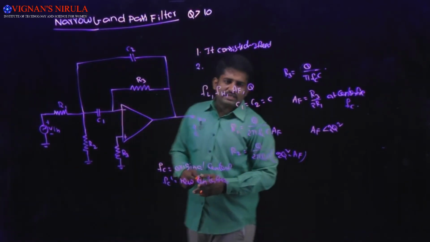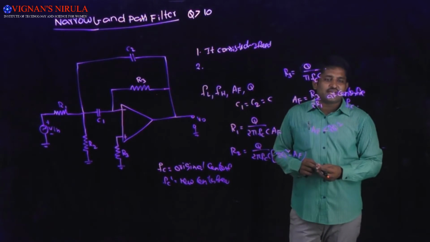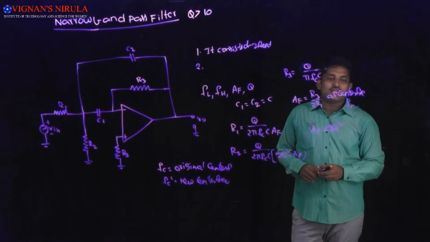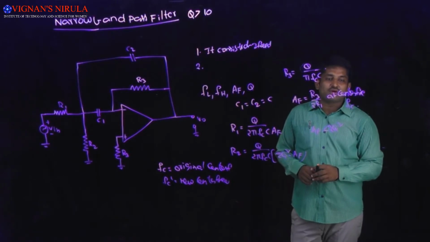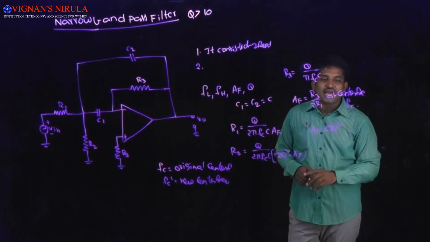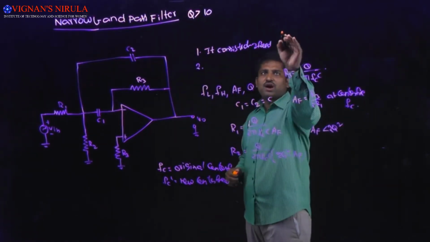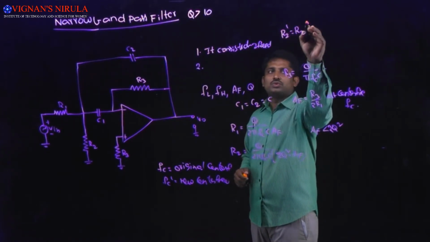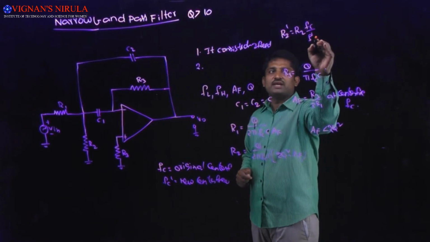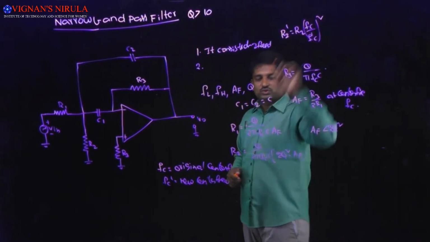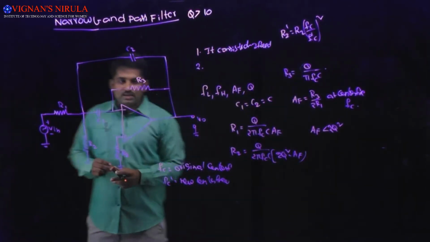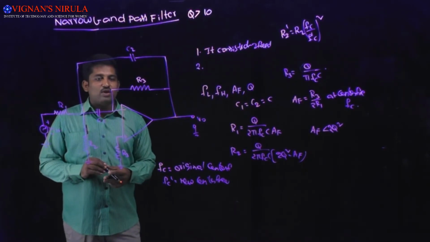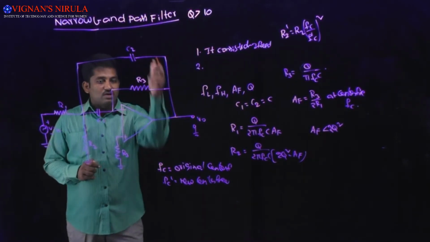The new center frequency can be obtained by changing the value of resistance R2, and the new value of the resistance R2 can be calculated by using the formula R2 dash is equal to R2 into (FC divided by FC dash) whole square.